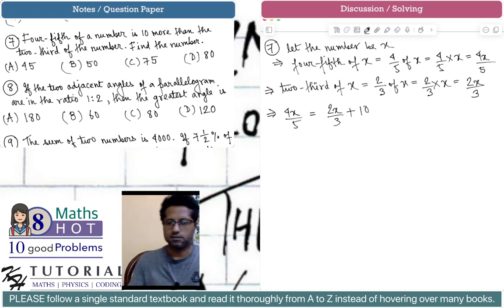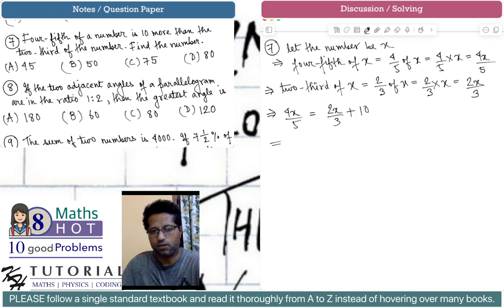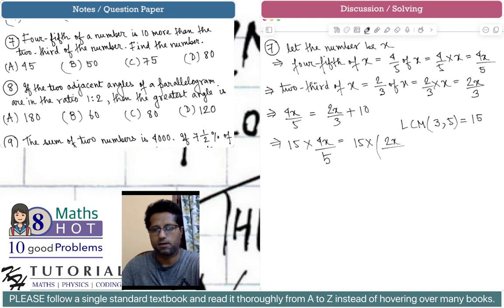And we can see that in this equation we are having some rational terms, that is 4x by 5 and 2x by 3. So in solving this equation, I would like to multiply both sides by the LCM of 3 and 5, which is 15, just to get rid of the rational terms. So I am multiplying both sides by 15 is equal to 15 multiplied by 2x by 3 plus 10.